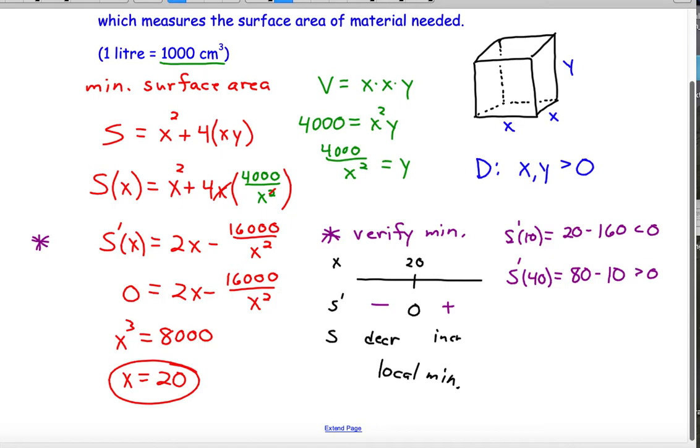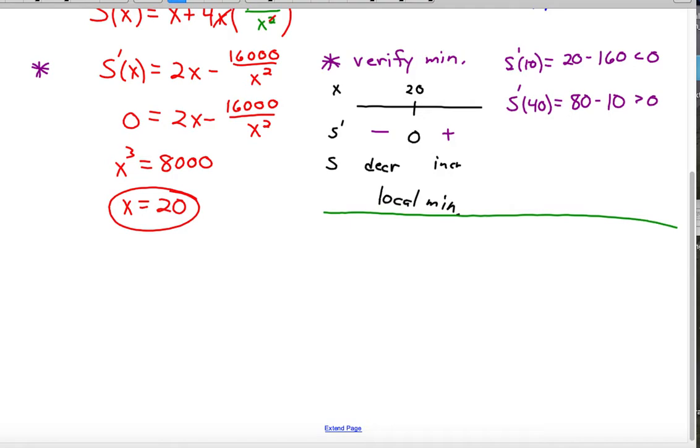Now, by the way, there is another way to verify it, and that would be looking at the second derivative. In the last example, calculating the second derivative would have been pretty ugly, so it was easier just to use the first derivative in a sign chart.